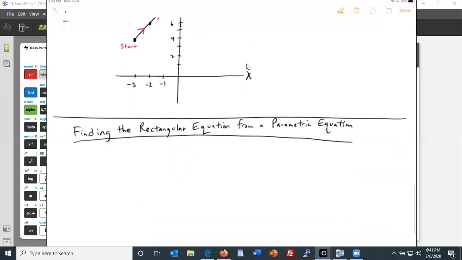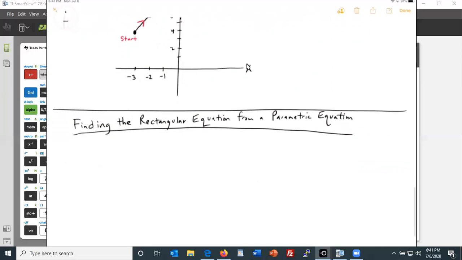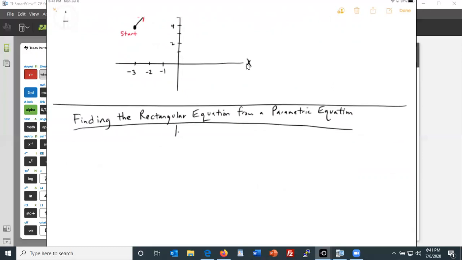This is something that you're going to be doing in your lab, which is question 2. In question 1, you're going to be graphing and showing the orientation on the graph. And in part 2 of the lab, you'll be converting your parametric equations into rectangular ones. Now, just to compare and contrast these: parametric equations have 2 equations, x equals f of t, and y equals g of t.